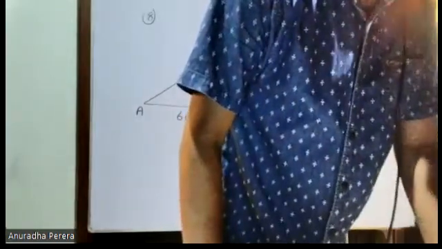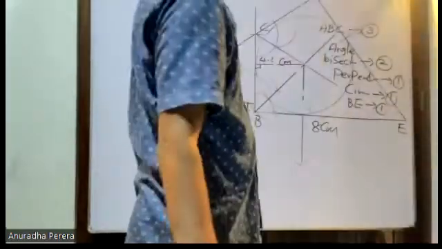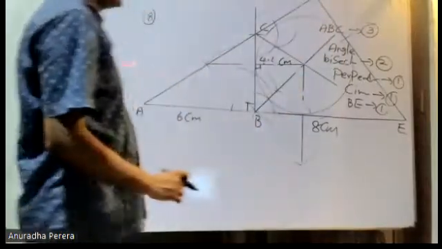What is the name given to the circle in relation to the triangle ADE? What is it?